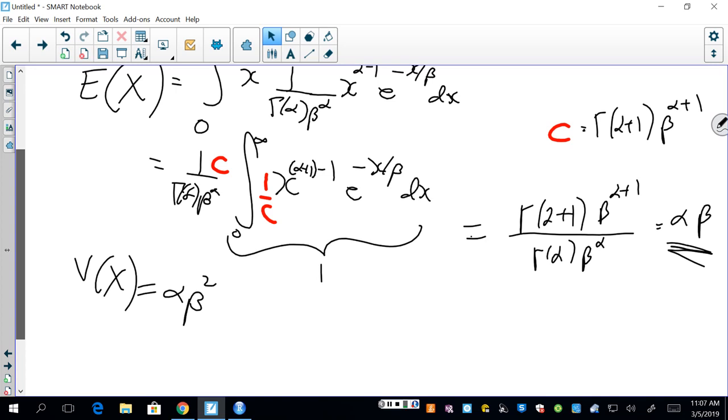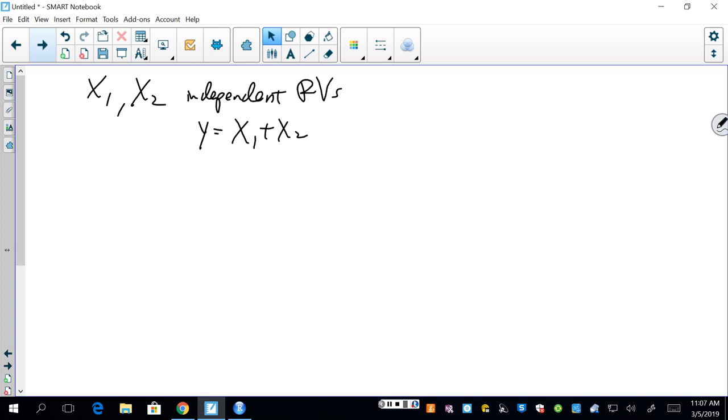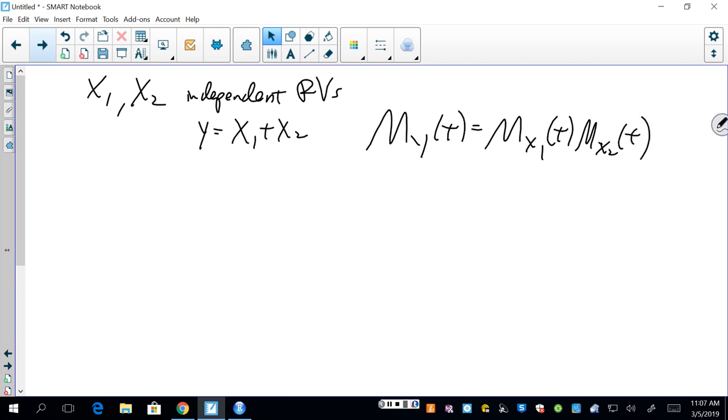So connecting back to that problem at the beginning, if x1 and x2 are independent variables, and you say y is x1 plus x2, there's a relationship with the moment generating function. The moment generating function of y of t is the moment generating function of x1 times the moment generating function of x2.